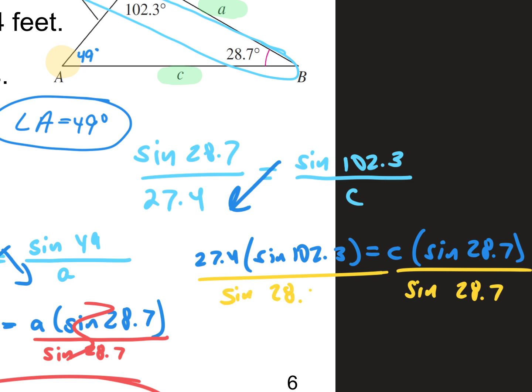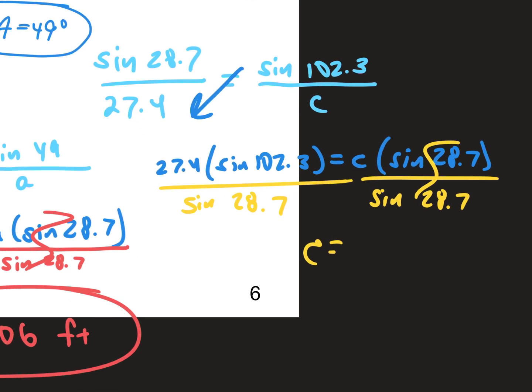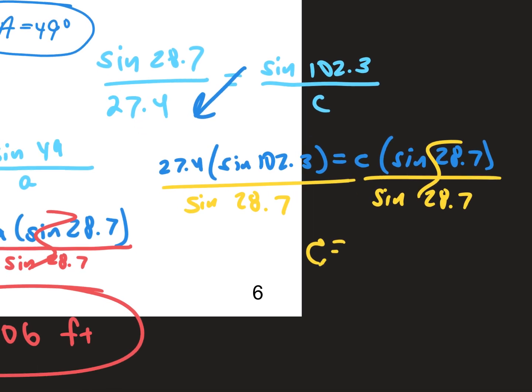Now, where do we mostly make mistakes? Instead of 28.7, you write 27.8, something silly like that. But for the most part, just get your proportion set up and then cross multiply. So if you do this in your calculator, and if you're not getting the same answer, that's okay. Let me know and we can troubleshoot. I'm sure it's just calculator error. But 27.4 times sine of 102.3 divided by sine 28.7.